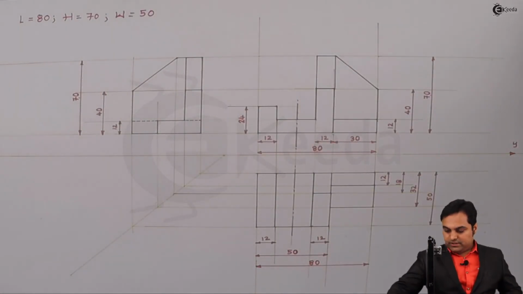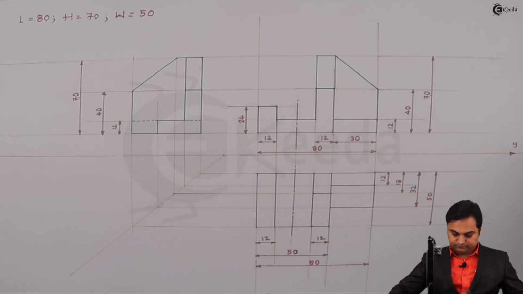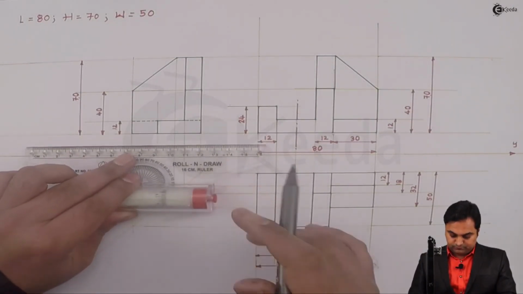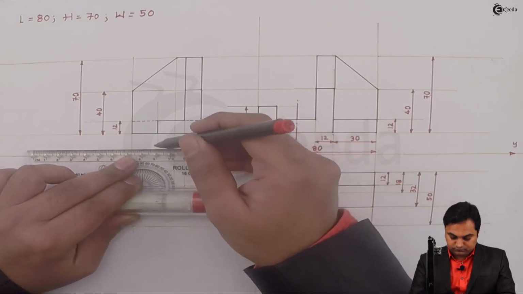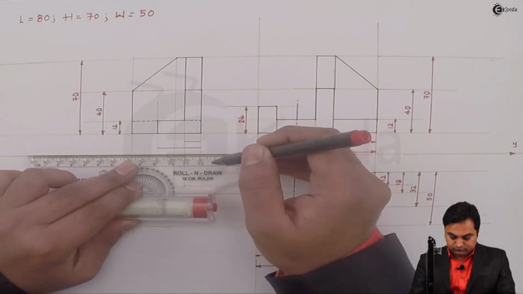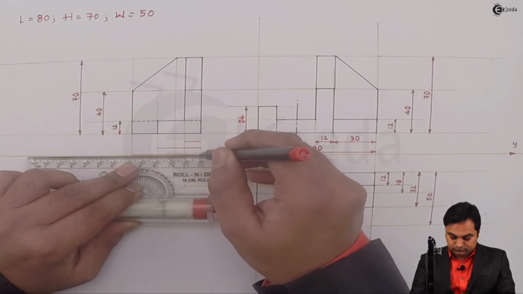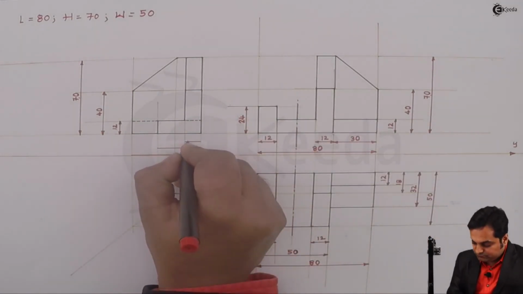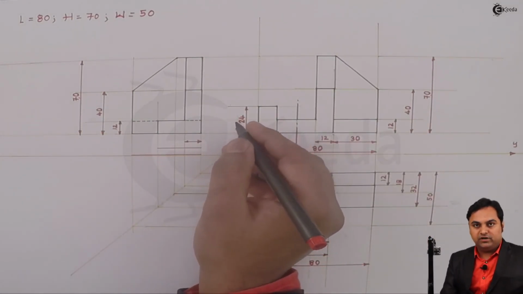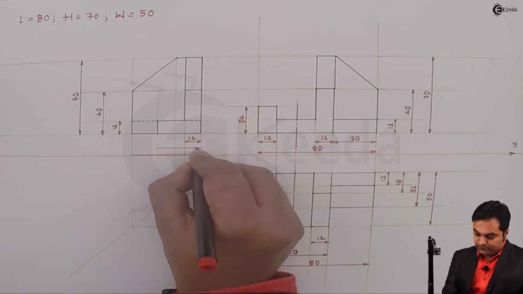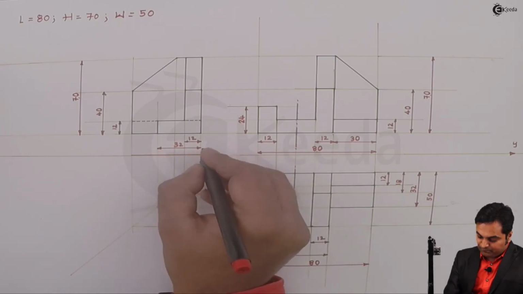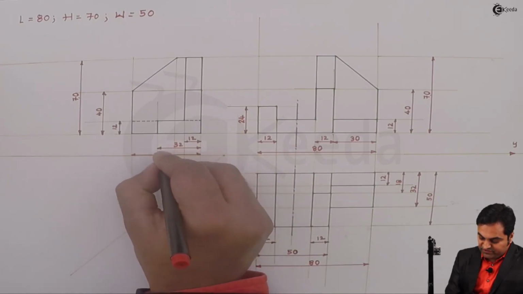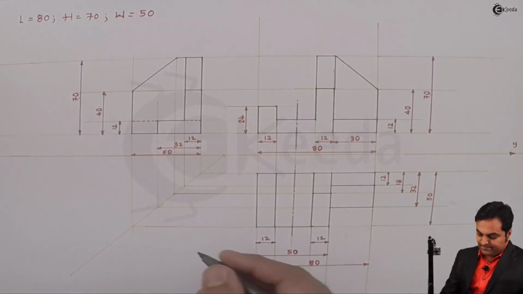Next, I'll mark the width. This width is 12 mm. Next, this is 32 mm. And at last, the total width is 50 mm.